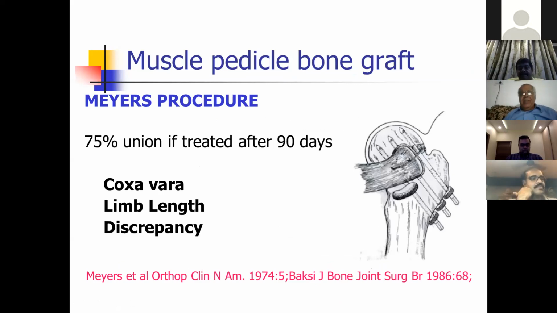The problem is that union can be achieved in 75% of the patients, but there is still the problem of coxa vara. There is shortening and limb length discrepancy, because whatever position you have gained on the fracture table, and you have put in your quadratus femoris graft, coxa vara will remain or will recur.